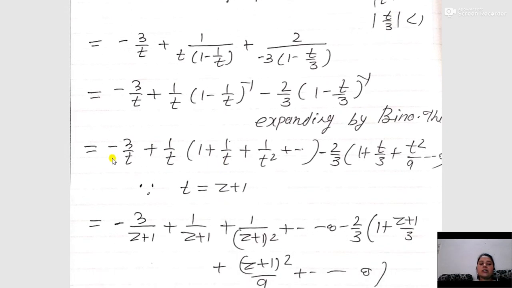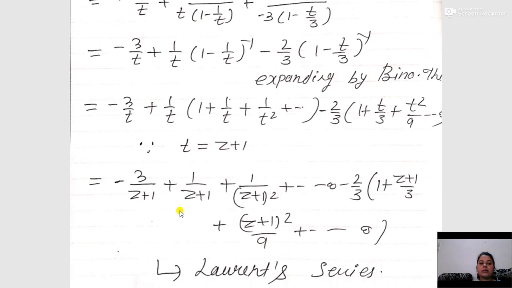So finally the expansion of f(t) is equal to minus 3 by t plus 1 by t into (1 plus 1 by t plus 1 by t square and so on up to infinity) minus 2 by 3 into (1 plus t by 3 plus t square by 9 and so on up to infinity). Now in place of t we put z plus 1.